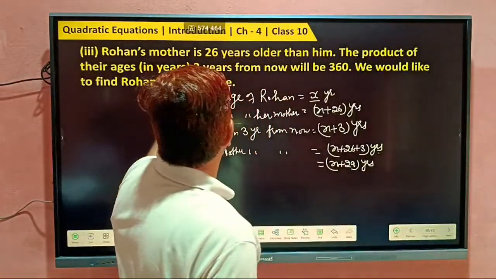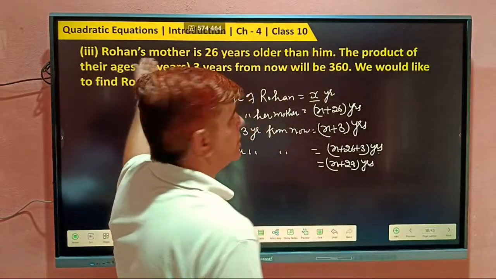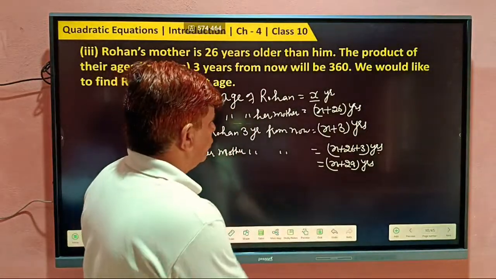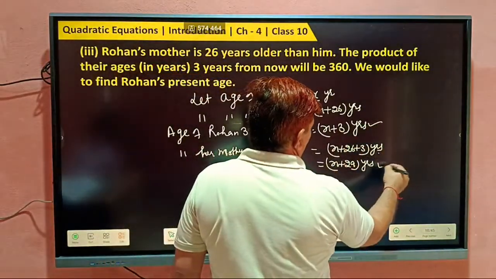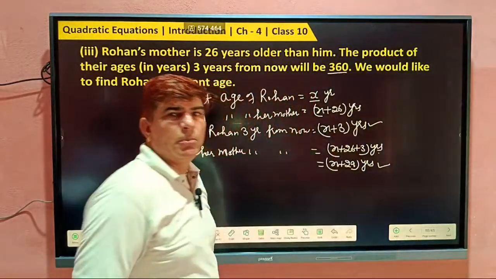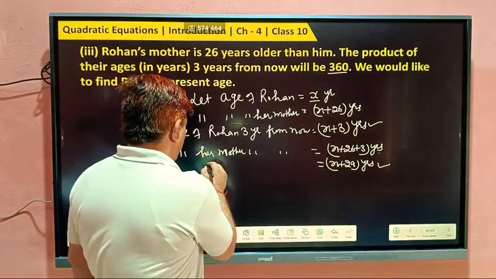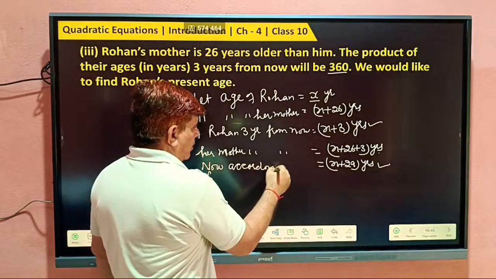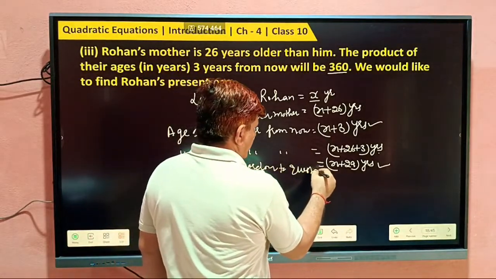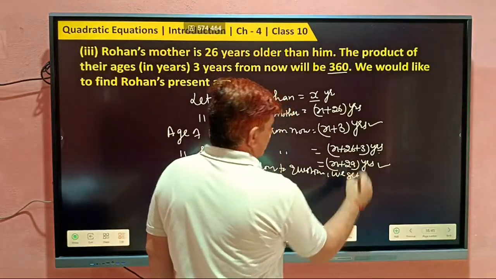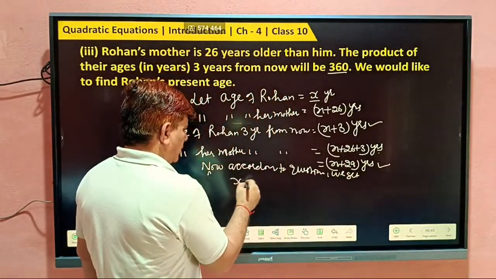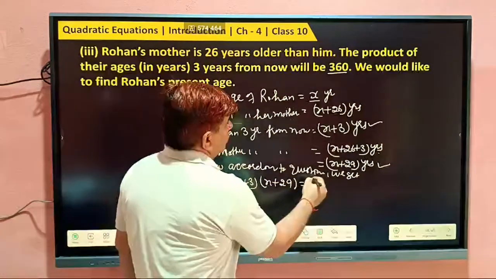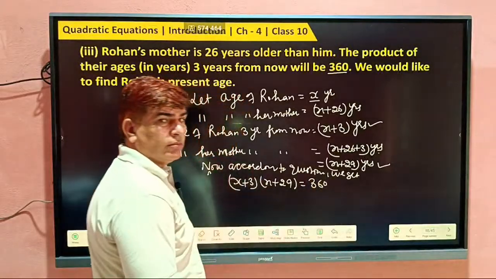We would like to find Rohan's age, and it's the product of their ages. You have to prepare a quadratic equation in one variable. So the product of these two is equal to 360. Product means multiplication. So according to the question, we get X plus 3 times X plus 29 is equal to 360.